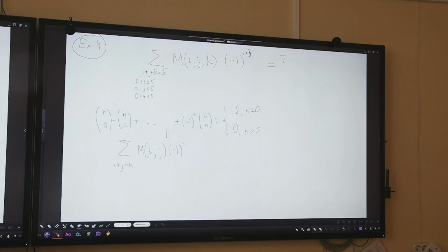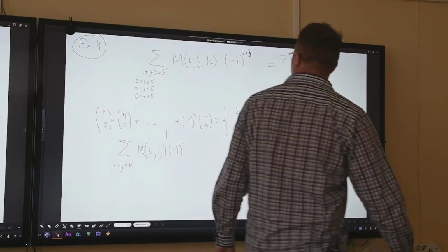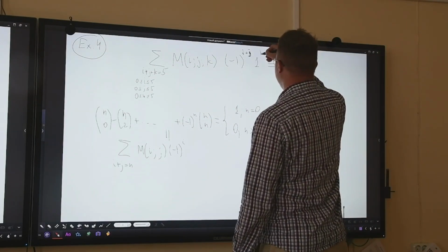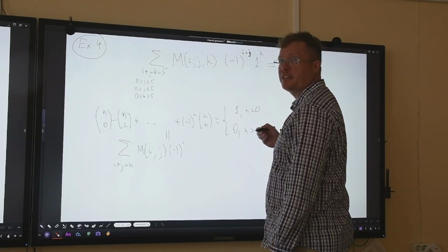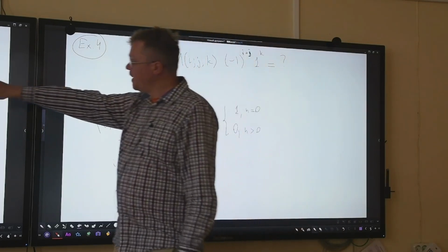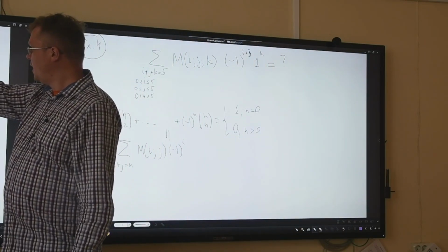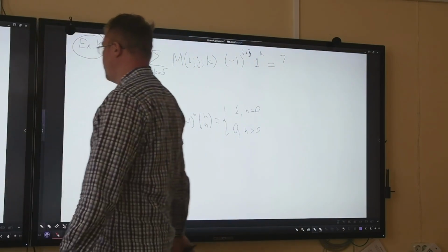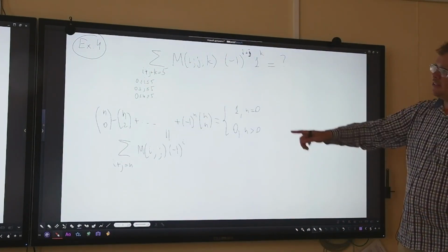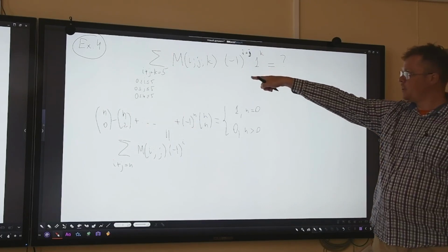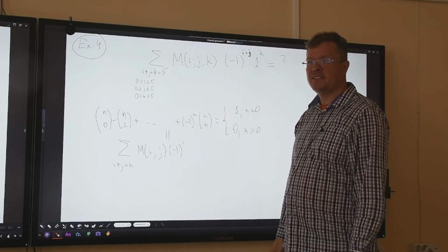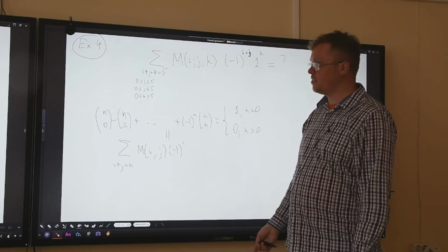Yes, exactly. So all we need to do is write here 1 to the power k, because it doesn't change anything, yes? And after that, look at the multinomial theorem and try to imagine what I can take for x1, x2, and x3, such that this formula is represented by the multinomial theorem.